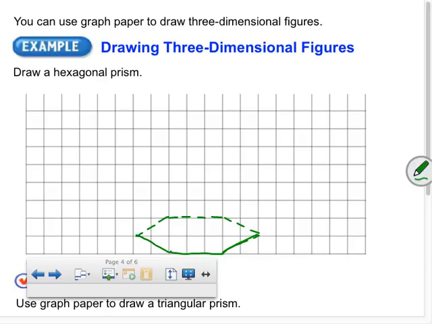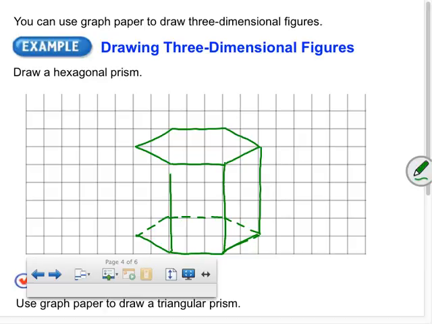Okay, but if that's one of my faces, I need another face up top, right? So I'll go ahead and draw another one up top. And it needs to be identical. Okay? And the edges that we can see, I make solid lines. The edges that are on the other side of the shape, I make dotted lines. So I can see an edge in the front and the side.